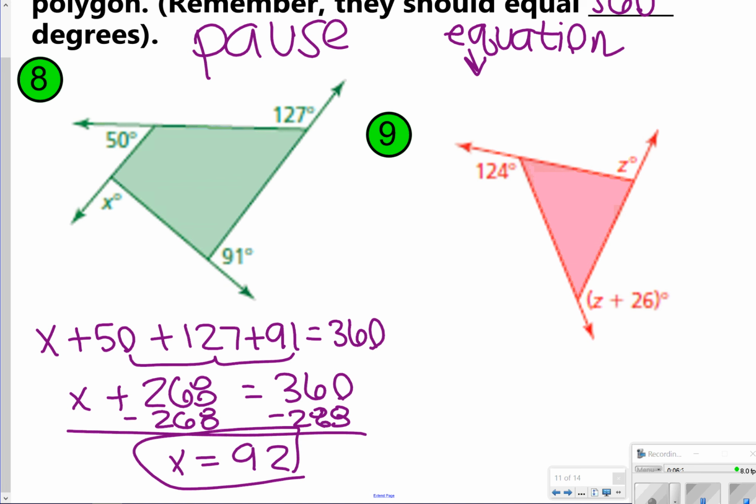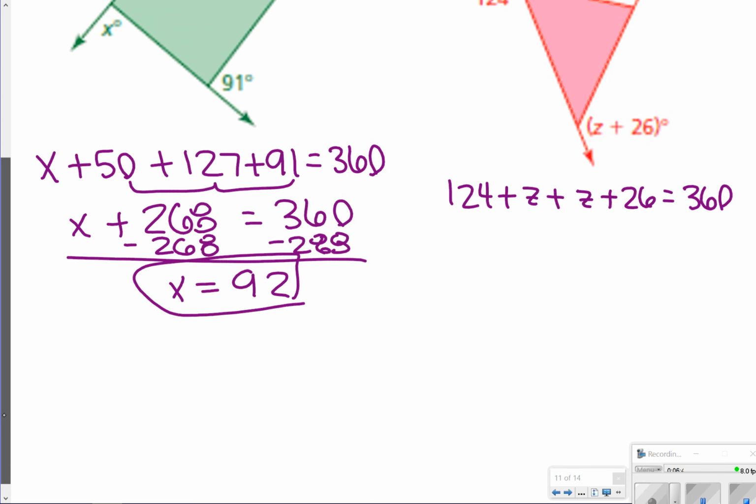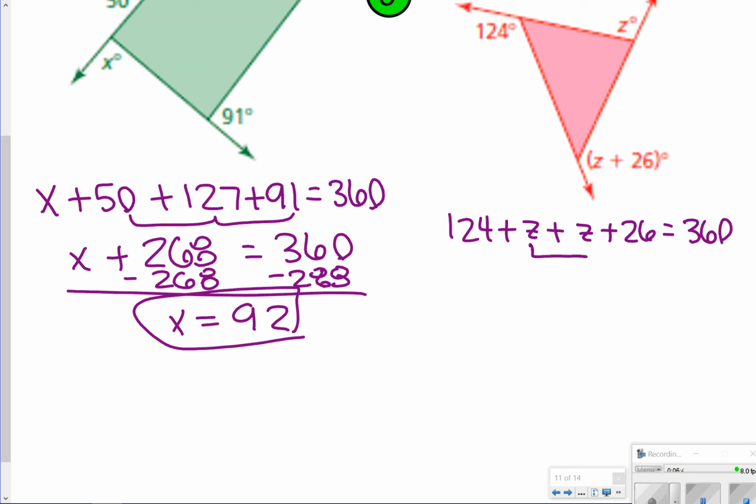Number 9 was a little bit different because you had a little bit more things to combine. I still started off writing an equation. So I have all three of my angles here, and they're all equal to 360. Then I combined like terms. I'm going to scoot this down just so we have some more room. 2z's make 2z, and then 26 plus 124, those give you 150.